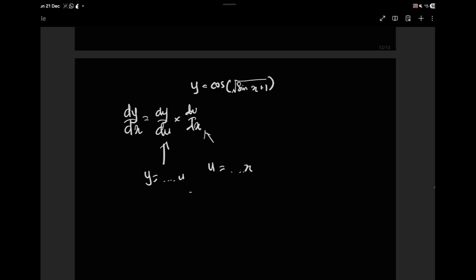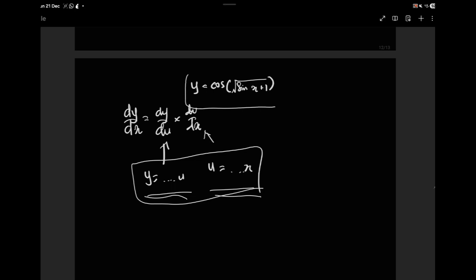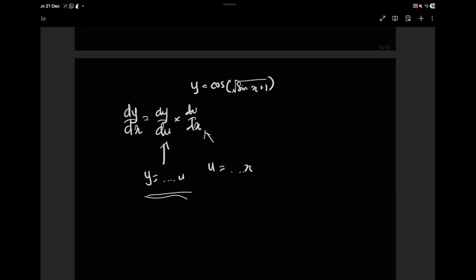How do you find these? It's not given, right? So we need to develop these two functions out of the main function. That is the initial part before conducting the calculation for the chain rule.